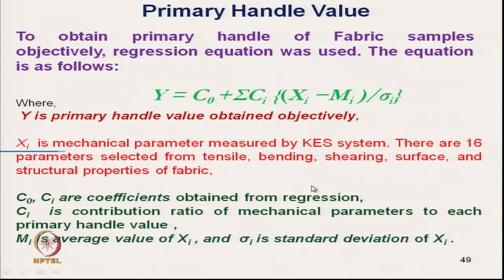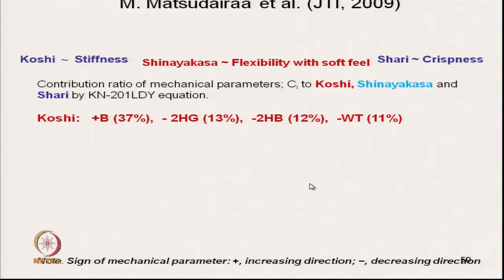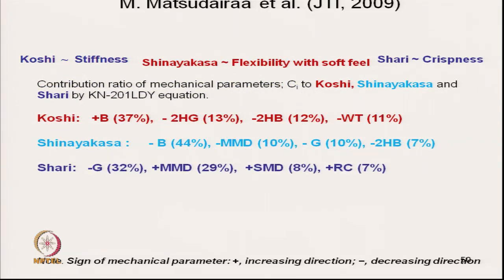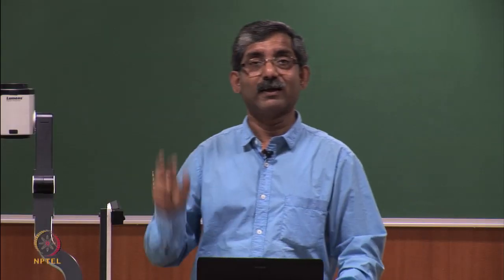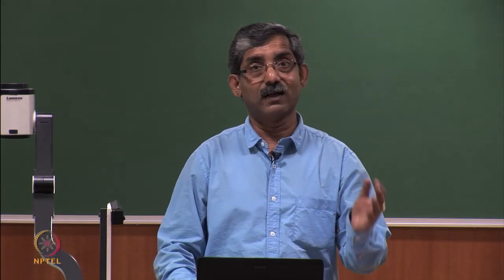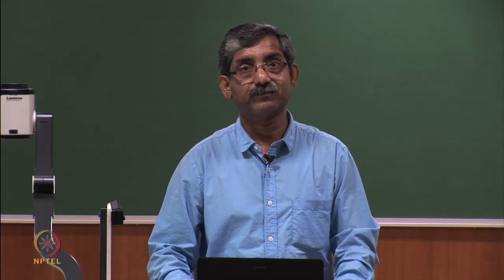So, I will give some examples. Now, these are different hand expressions like Koshi, Shinai Akasha, Shari. Koshi is not exactly the stiffness, but it is related to the stiffness of fabric. It is not directly the bending stiffness, it is related to other characteristics also.